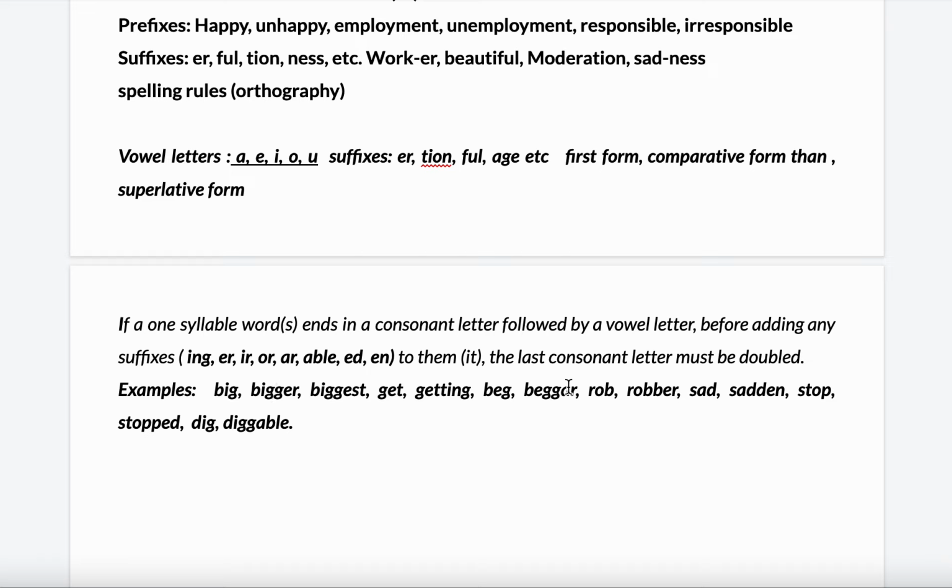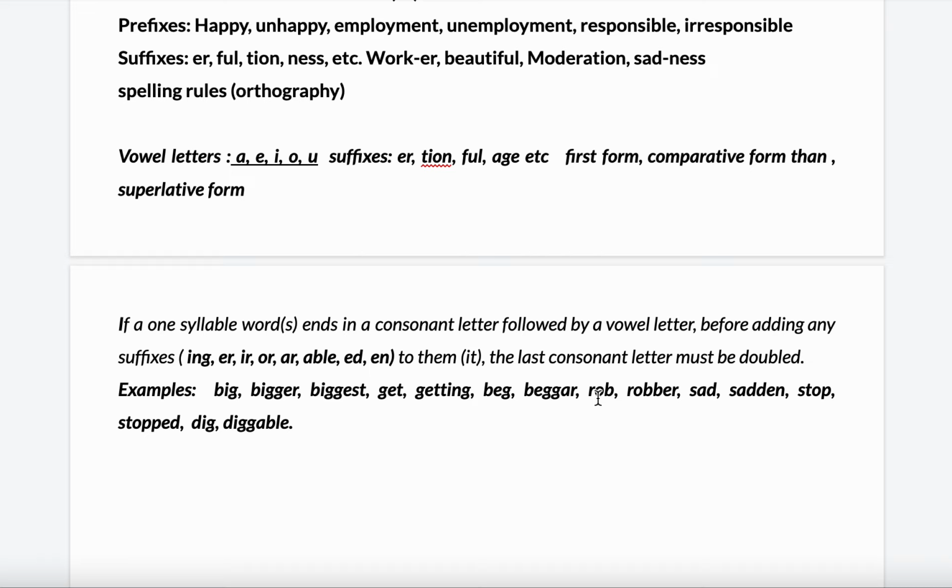Begging, beg, begger. So beg is like asking for money, asking for charity and alms, and the person who does it is called a beggar. So let's say Richard begs all the time, and then you say that he is a beggar. So you see the structure of the word. When the structure of the word is changed, then the use of that word is totally changed in the sentence.